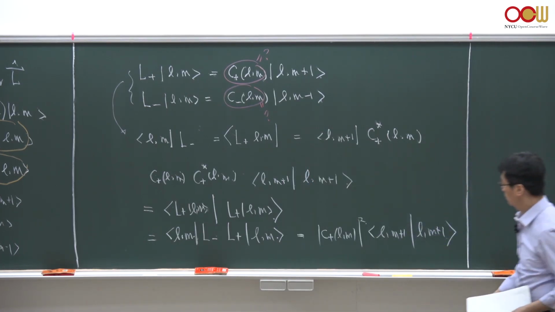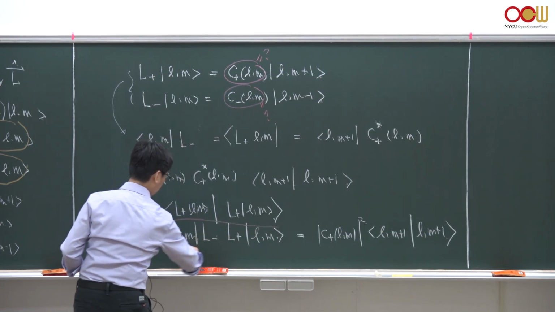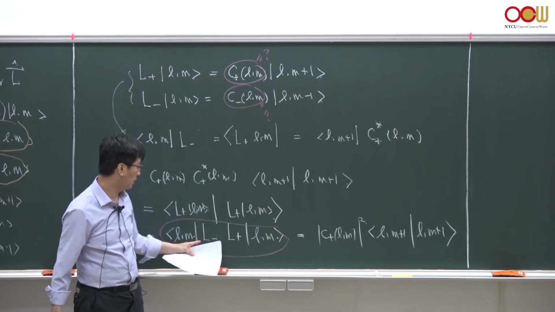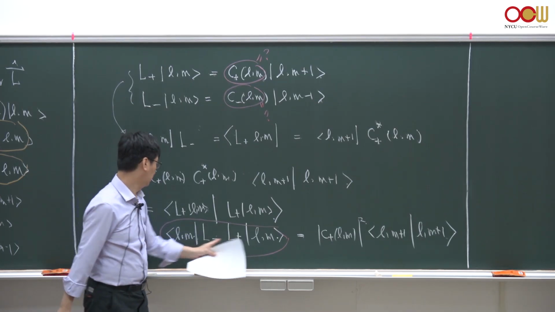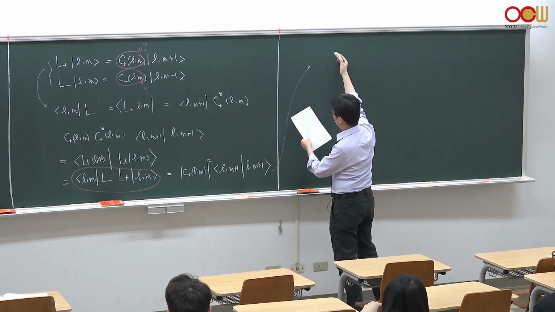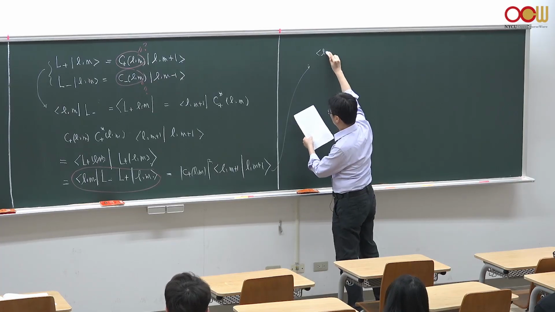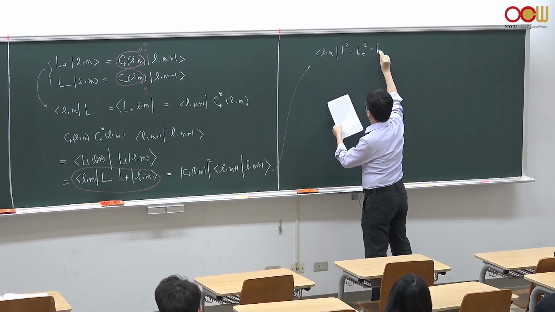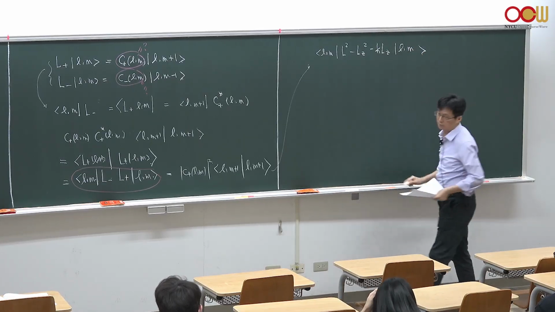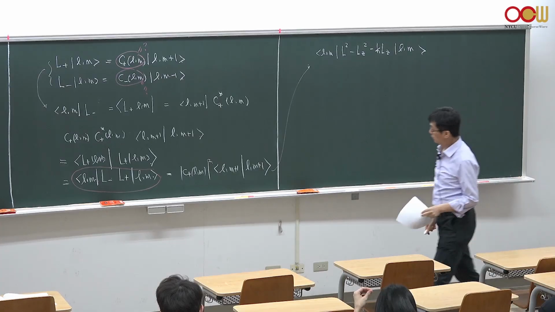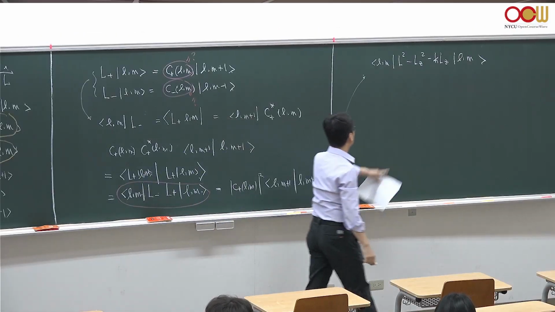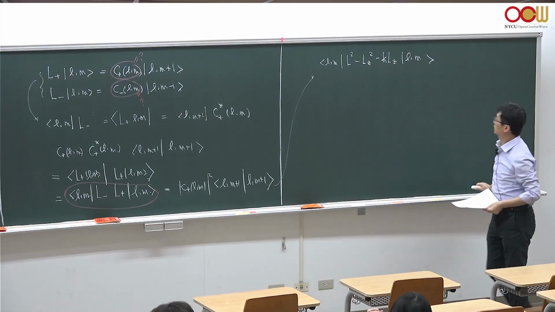But if you look at this part, L minus on the left and L plus on the right in the middle between these |l,m> states, we could rewrite L minus L plus in terms of L squared and Lz. Remember that. We already proved this identity last time: L minus L plus is the same as L squared minus Lz squared minus h bar Lz.